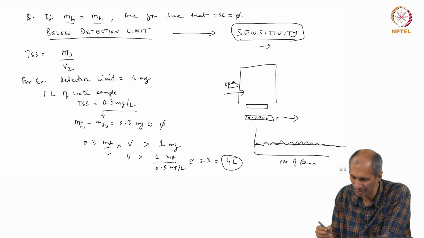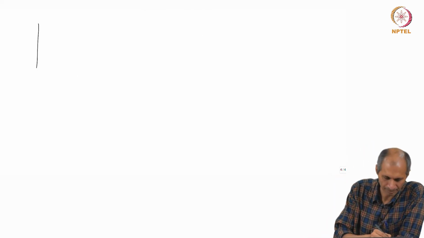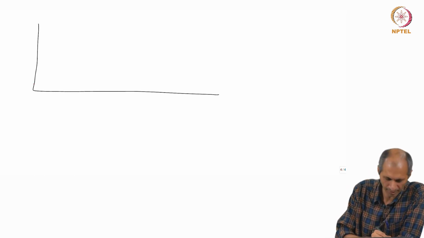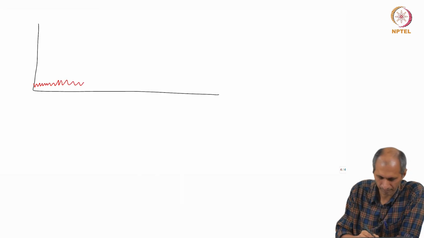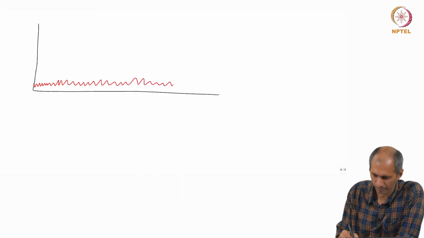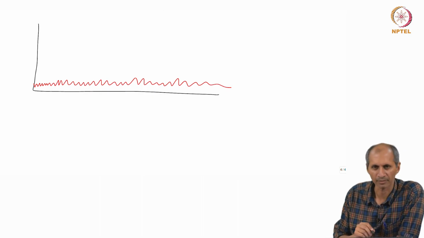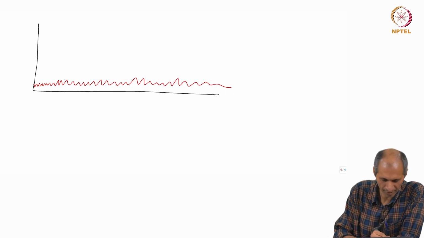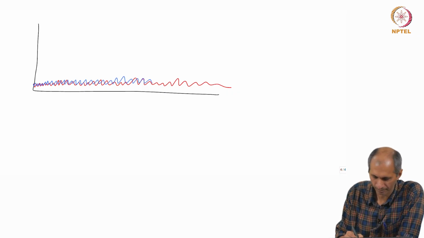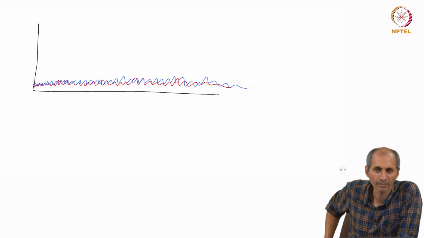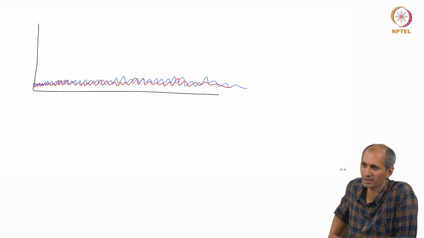So I have nothing on my sample, and I am getting this reading. This is the kind of signal I am getting. Now I put my sample. Suppose I get a signal like this. Can I make any sense out of this?